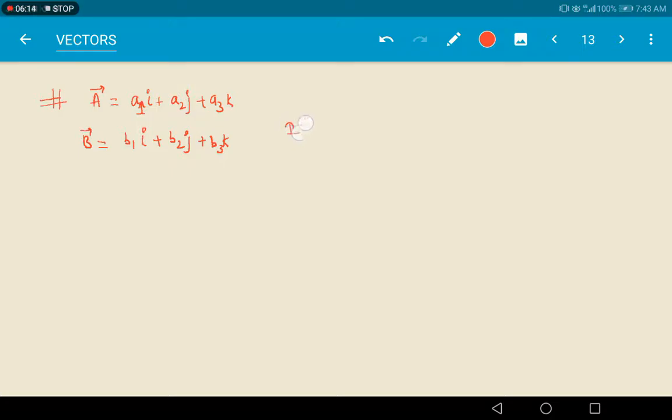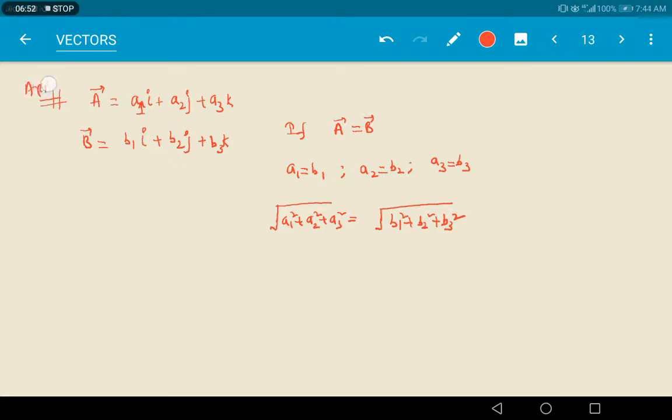If a bar equals b bar, then automatically a1 equals b1, a2 equals b2, and a3 equals b3. In the same way, the magnitude, under root of a1 square plus a2 square plus a3 square, equals under root of b1 square plus b2 square plus b3 square. You can write this as an application.